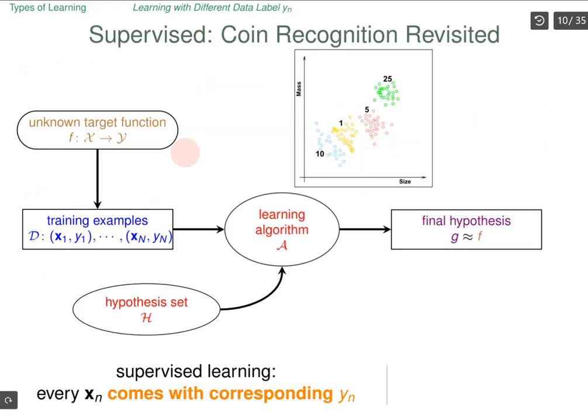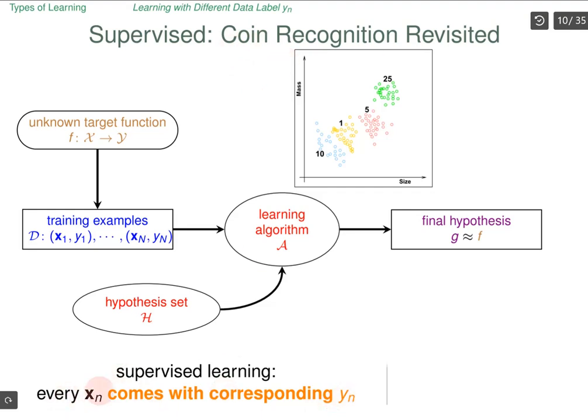Okay, let us further clarify different learning scenarios with different labels. First, let's take a look at so-called supervised learning and take the example of coin recognition problem. So in supervised learning problems, we have a data, each having corresponding Y labels.